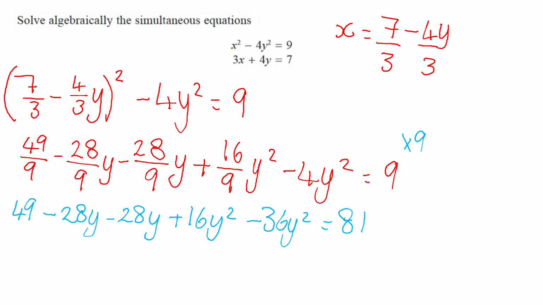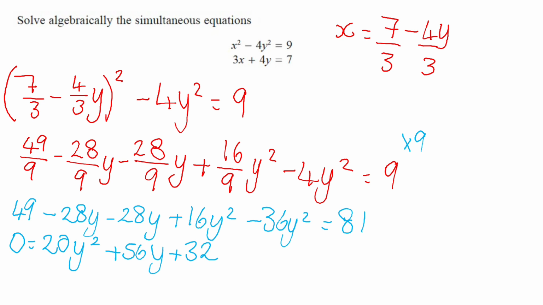So when we collect these together, make it equal to 0, you will end up with 0 equals 20y squared plus 56y plus 32. I would then suggest that you divide each of these by 4, just to simplify down the quadratic.